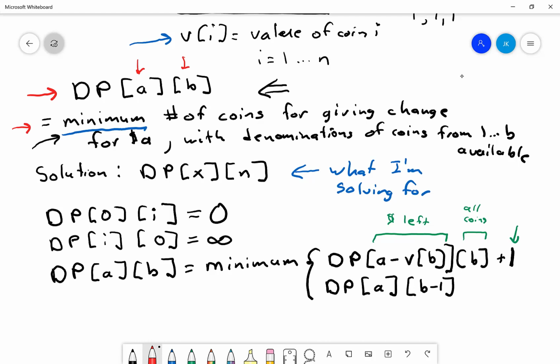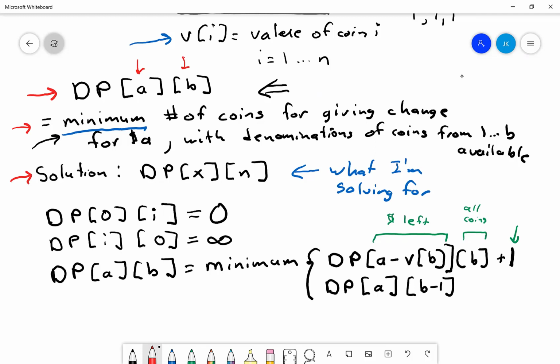The second parameter is the number of coin denominations that we have available to us, starting at 1 up to B. And once we've defined that very clearly, that this recursion is going to be the minimum, we next determine what is the thing that we need to find a solution for. In this case, it's X dollars and all N coins available to us. So that's the thing that we're looking for.